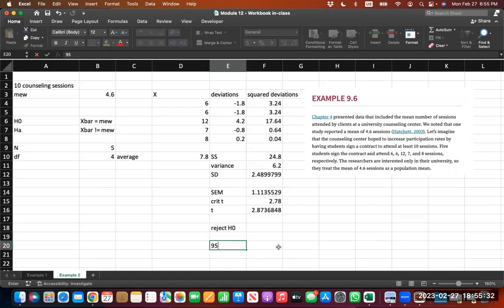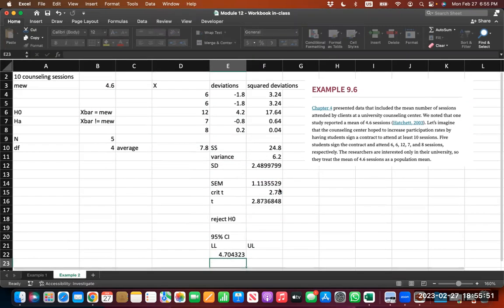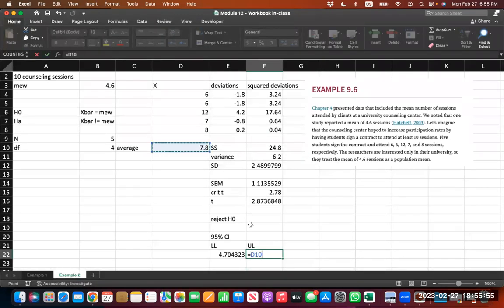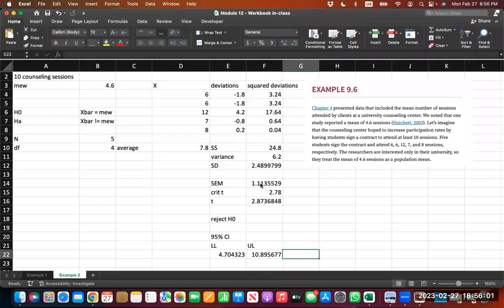We're calculating next a 95% CI, in the same fashion we did before, which is nothing else but our sample mean minus our critical t multiplied by the standard error of the mean. And the upper limit is our sample mean plus 2.78 multiplied by 1.7, which is 10.9.